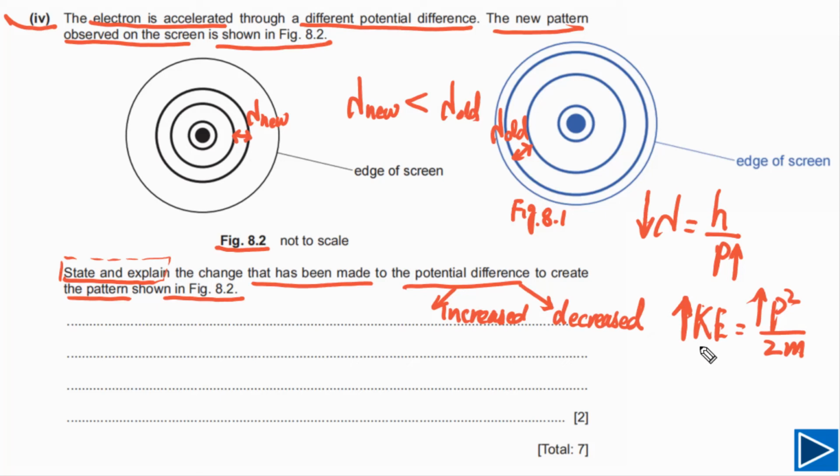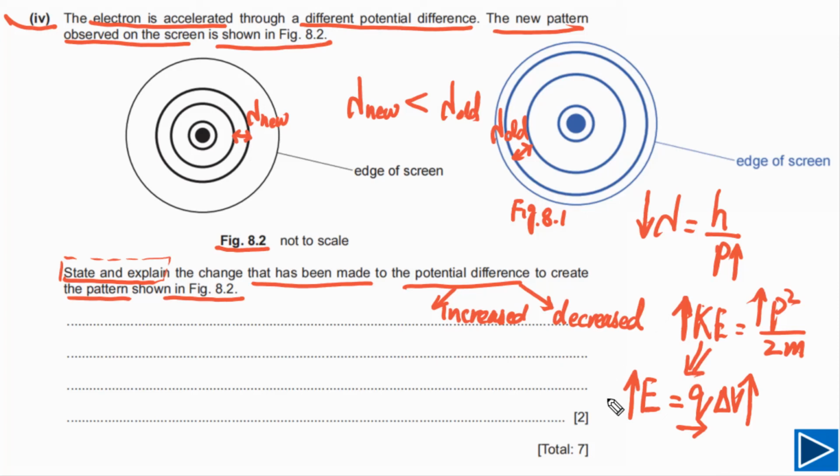In this case, the kinetic energy is given by electrical energy, and electrical energy is equal to Q times delta V. Since kinetic energy has increased, we have to supply more energy to the electron. The electrical energy has increased, but the charge of the electron does not change, so the potential difference has to be increased.